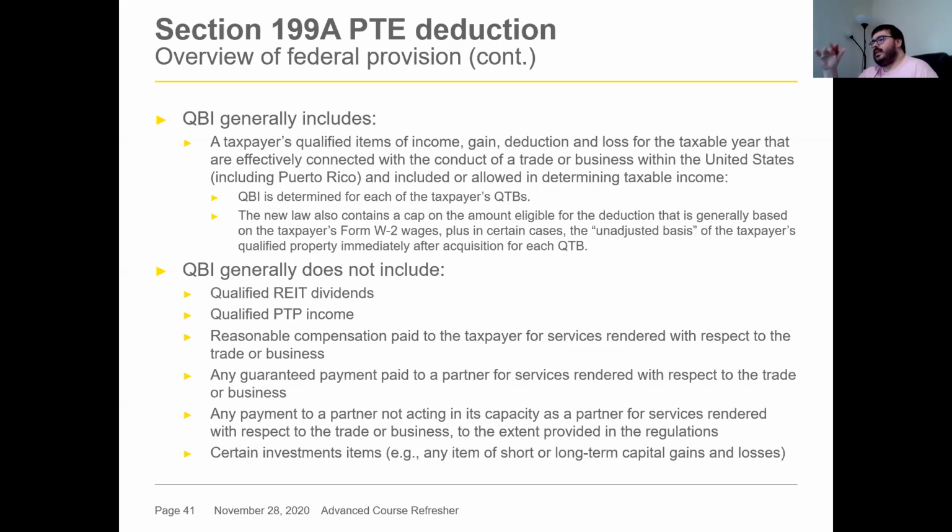Here it says it does not include qualified REIT dividends or publicly traded partnership income, but it is eligible for this deduction. But any guaranteed payments, which are completely out of scope for VITA, would not be covered under the QBI, and then certain investments as well.